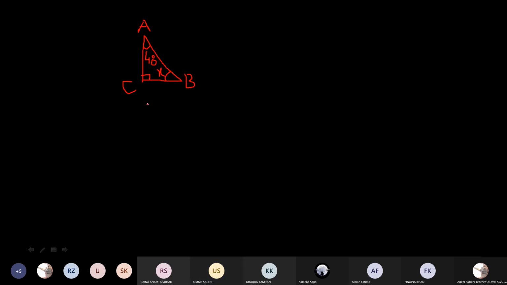What I'm asking from you, as and when the 90 degree is there, the shortcut is this: A plus B is equal to 90. This is the simple formula to find out the angle. Let's say your A is 40 and your B is X, and the final is 90 degrees.